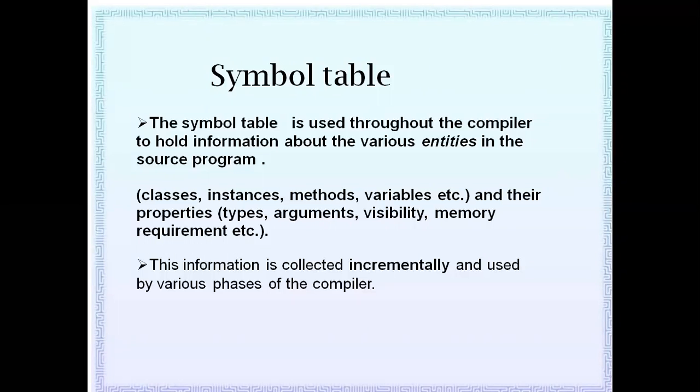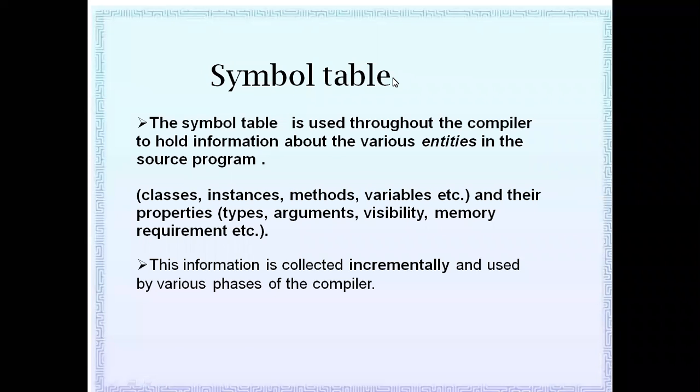What it means here is, whatever information I collected, it is collected incrementally, and the information is used. Whatever I stored in the symbol table is used for implementing the syntax, and for the semantics, I am searching in the symbol table for some input. So incrementally I am collecting the information, and that information is used by various phases of the compilers.